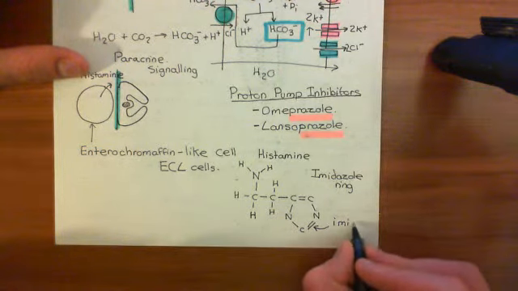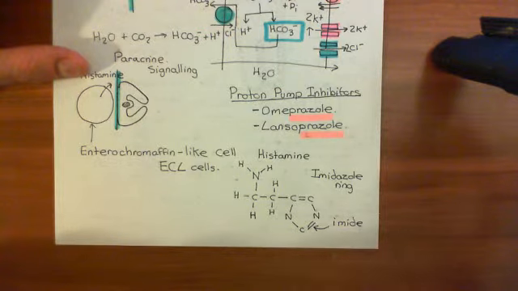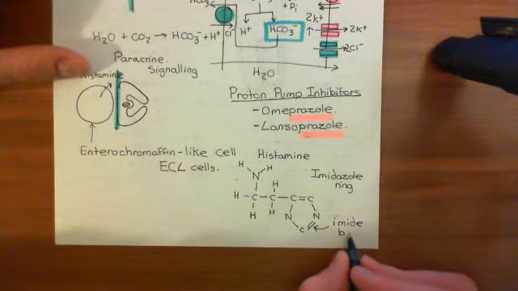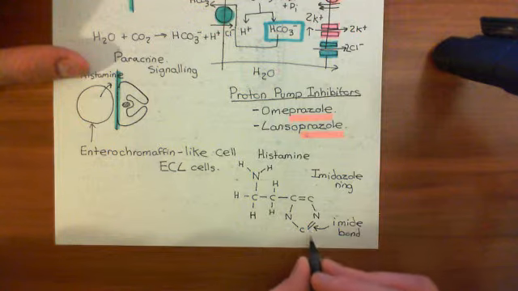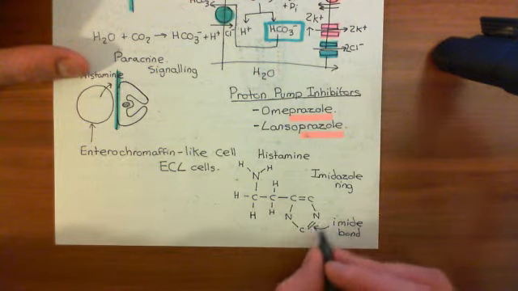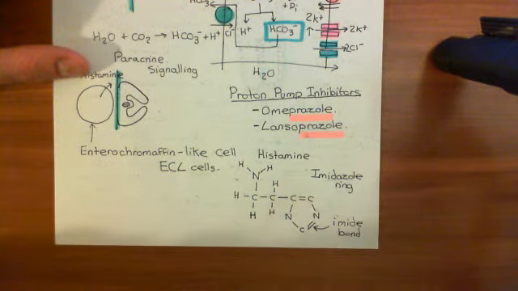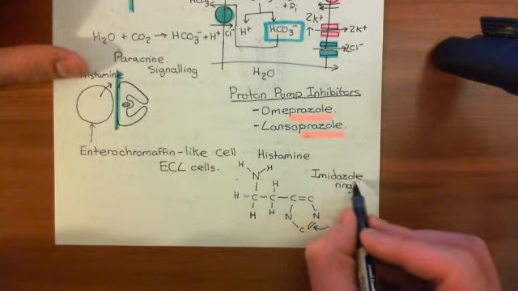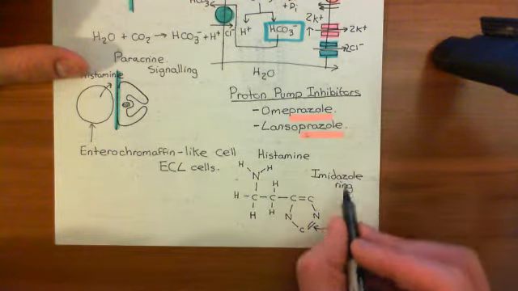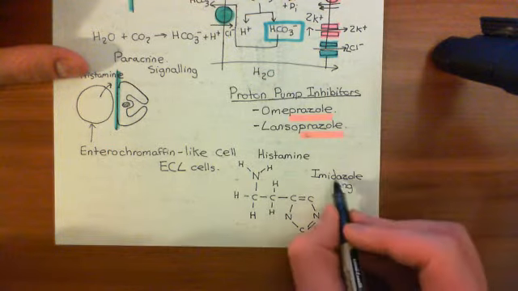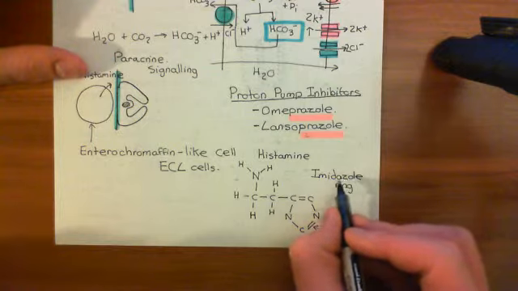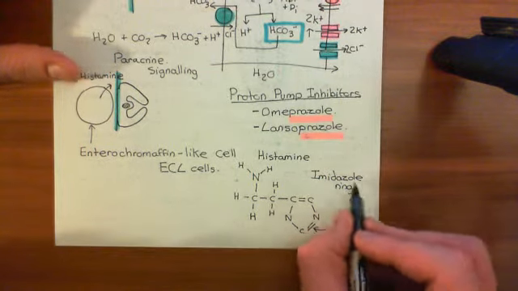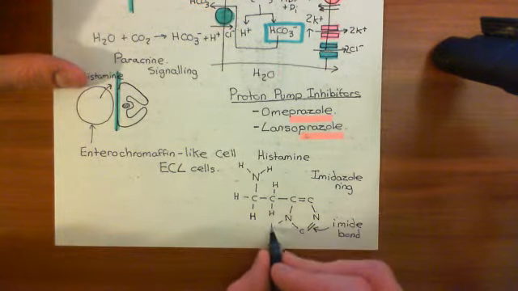Whenever you have a double bond between a carbon atom and a nitrogen atom, it's known as an imide bond. So that's where the imide of the imidazole naming comes from. The dazole makes sense because azo means pertaining to nitrogen, and dazole implies that you have 2 nitrogens. So imidazole is a nice name for this.